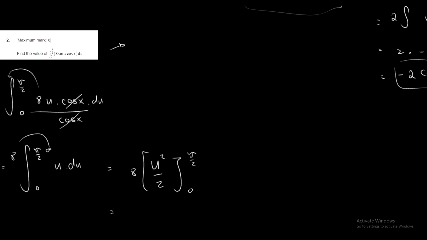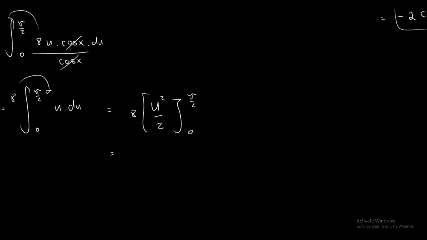So now I will bring back my sine. So this is going to be 8 times sine of the upper limit squared over 2. Sorry, it's only the u that's squared, not the entire thing. That's really ugly. Minus the lower limit, which was sine of 0 squared over 2.